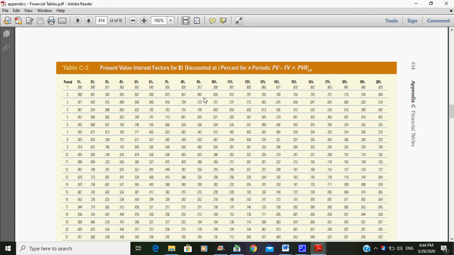Then you look for the percentage, which is the interest or required rate of return or interest rate or whatever that is given. You look for the rate, which is 10%, and look for the year, which is 2 years in this case. It would have been 0.826.